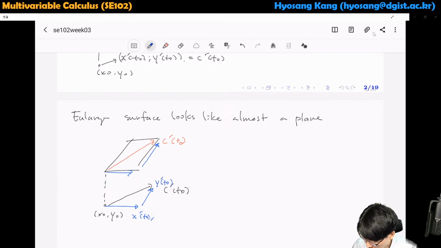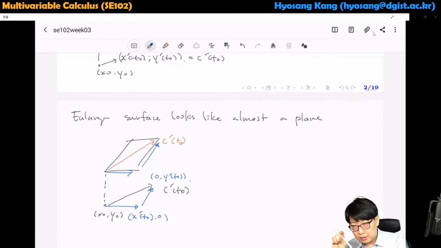So more specifically, this direction is x prime t0 comma 0, and this part is 0 comma y prime t0. Okay, and see how much the value of z changes when I move my points to x direction and then y direction.